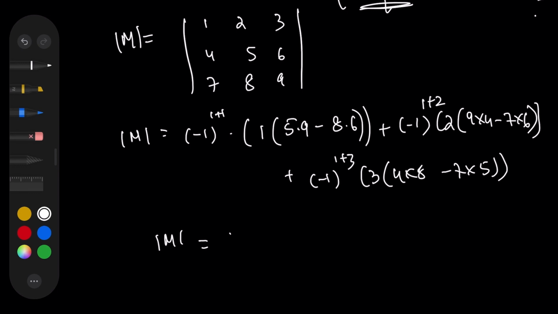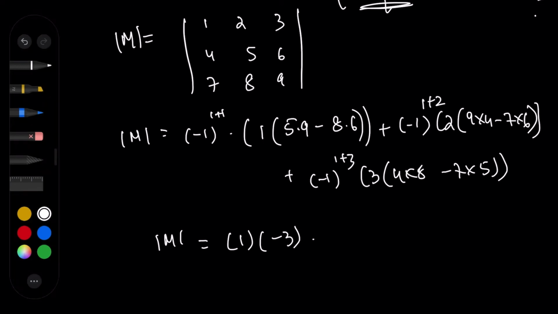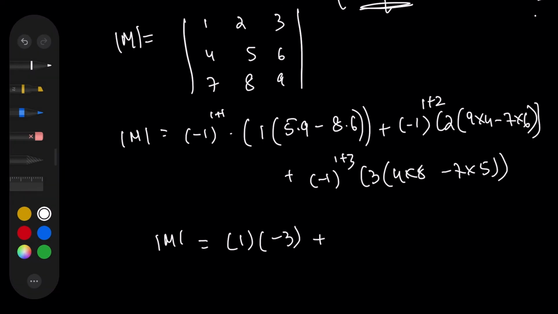So minus 1 whole squared will become a positive 1, into 9 fives are 45 minus 48, so it is minus 3, right. Plus minus 1 raised to the power 3 is negative 1, so I'll have a negative 1 here, into 2 times 9 fours are 36 minus 42, negative 6.